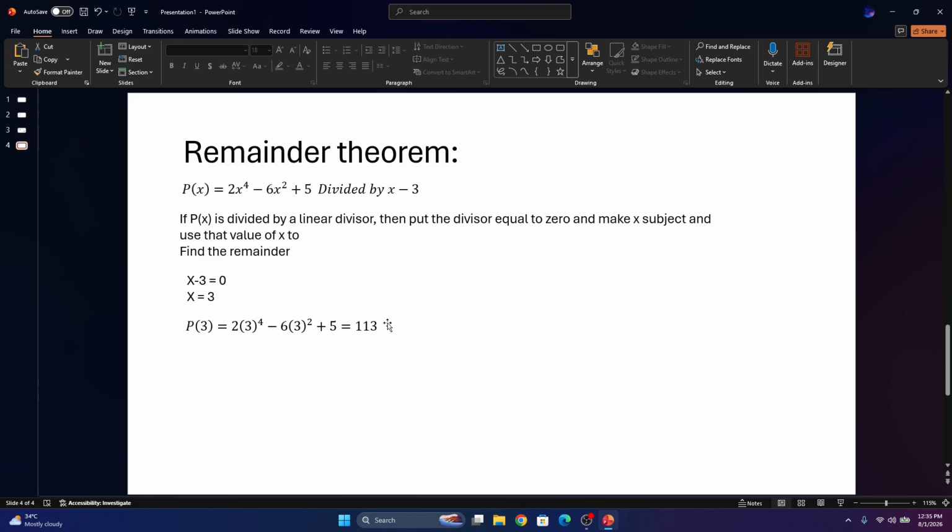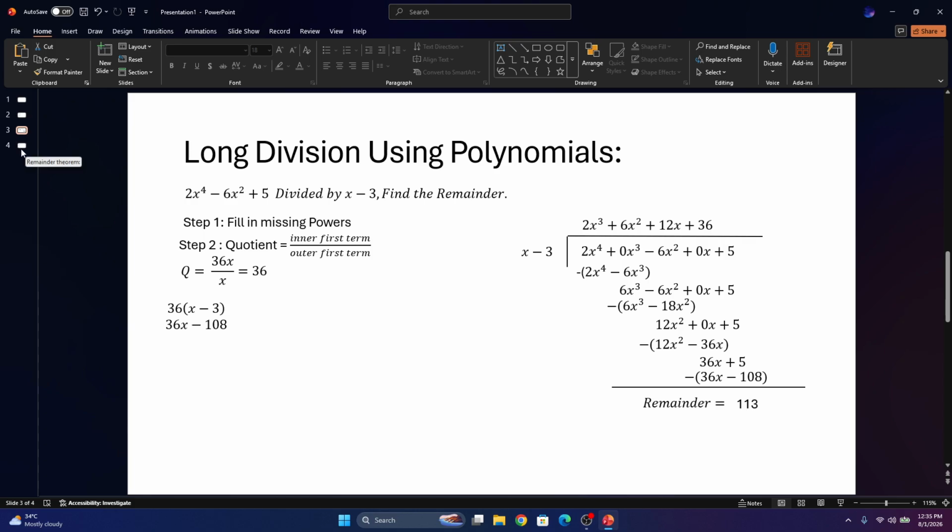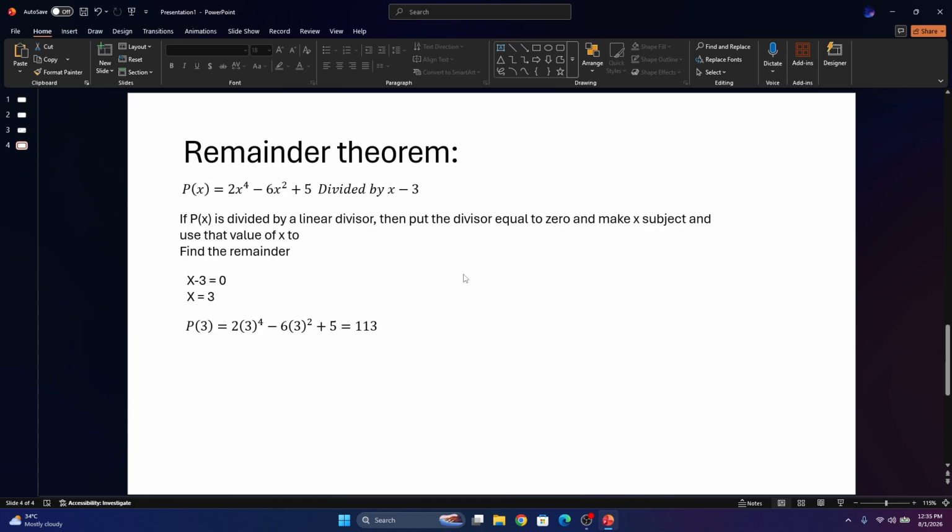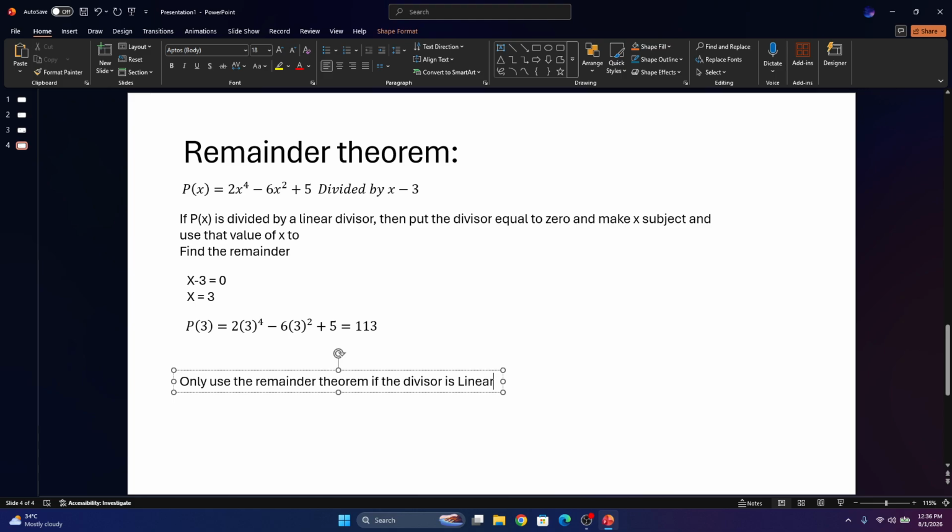Now, what you may be thinking is, why should we use the method of long division when we have such a shorter working right here, which is allowed in the exam? Well, there is a general rule that we can only use the remainder theorem if the divisor is linear.